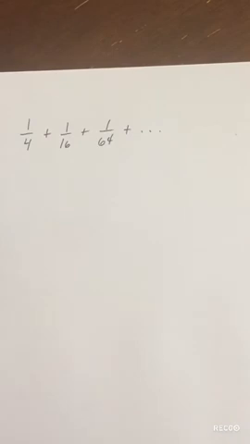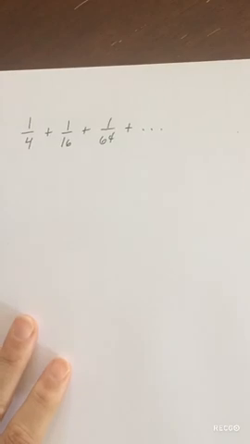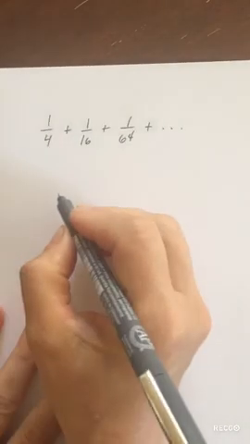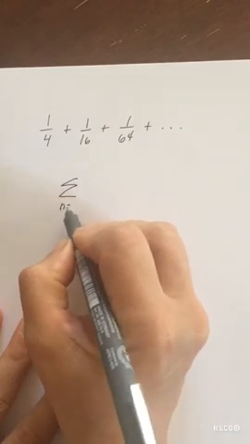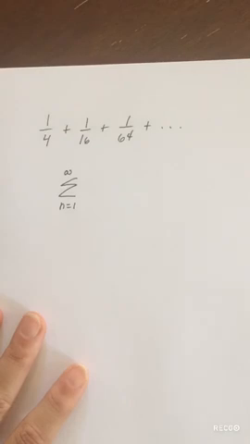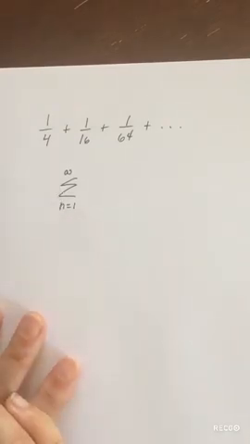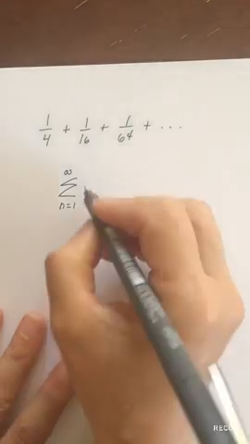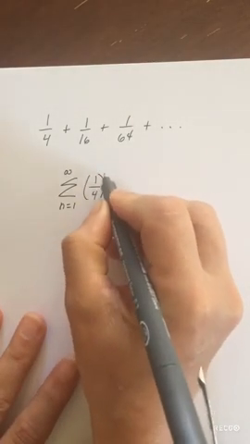Okay, let's look at one like this. If you think about it, this one is actually an infinite geometric series. So for this one I can go n equals 1 to infinity, because I'm really adding all those things up. Hopefully you see that this will work: 1/4 to the n.